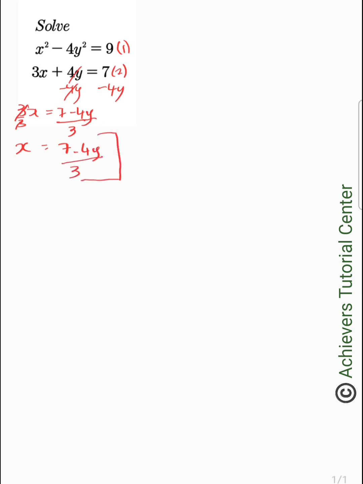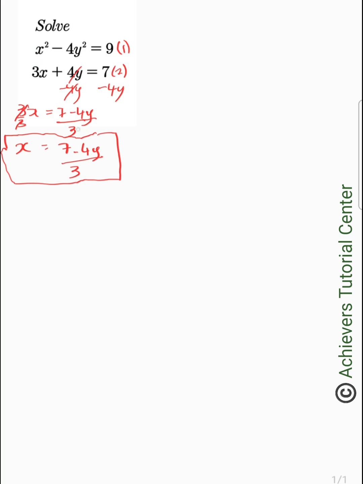This is going to be important in this problem. So from our first equation, let's substitute the value of x. So we have x squared minus 4y squared equals 9.